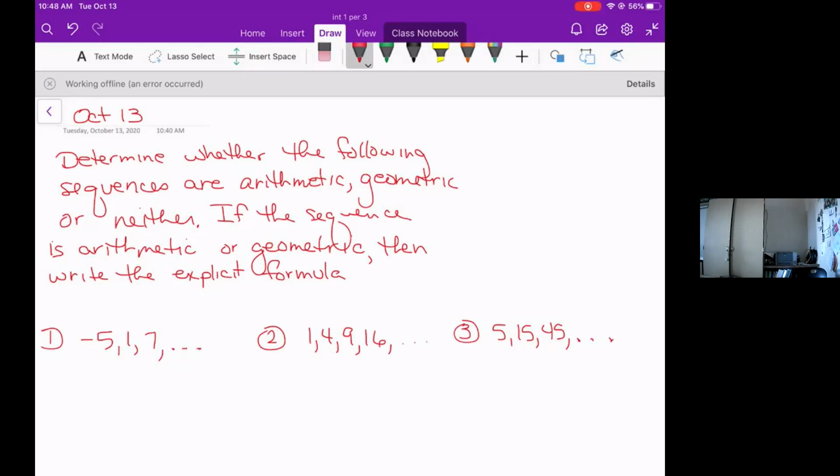Elijah? So the first one, is it arithmetic? Okay, and where's the equation for it? And the second one? I put neither. Yeah, because it's not adding by the same amount every time, and it's not multiplying by the same amount. Okay. And the third one, you put geometric. Where's the equation for that one?